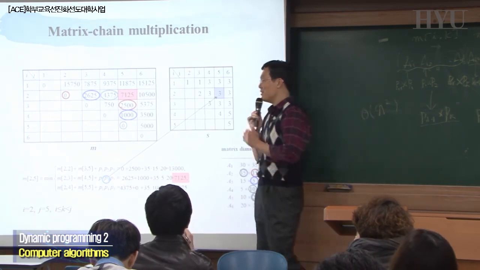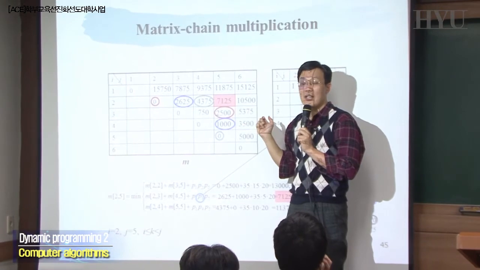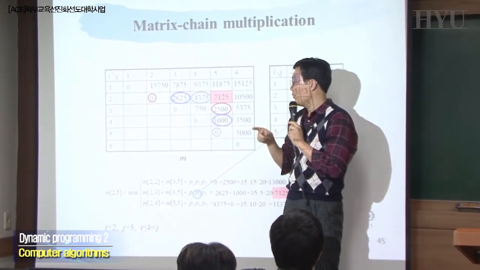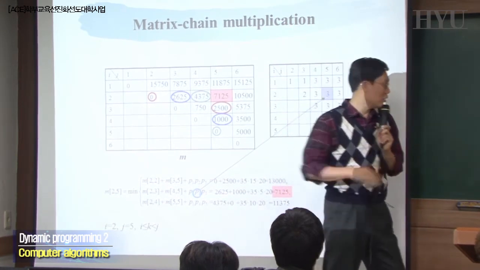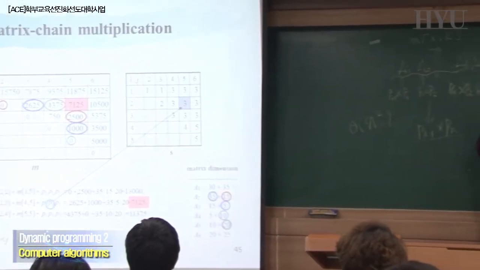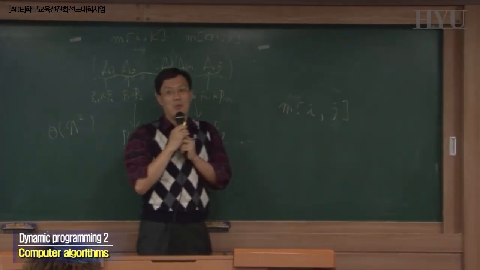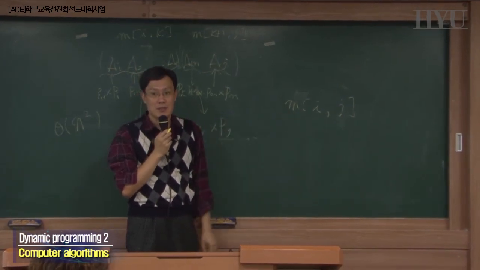I mean, the number of entries is theta of n squared. But then, think about it. What is the time to compute an entry? To compute an m I comma j, how much time is required to compute this?